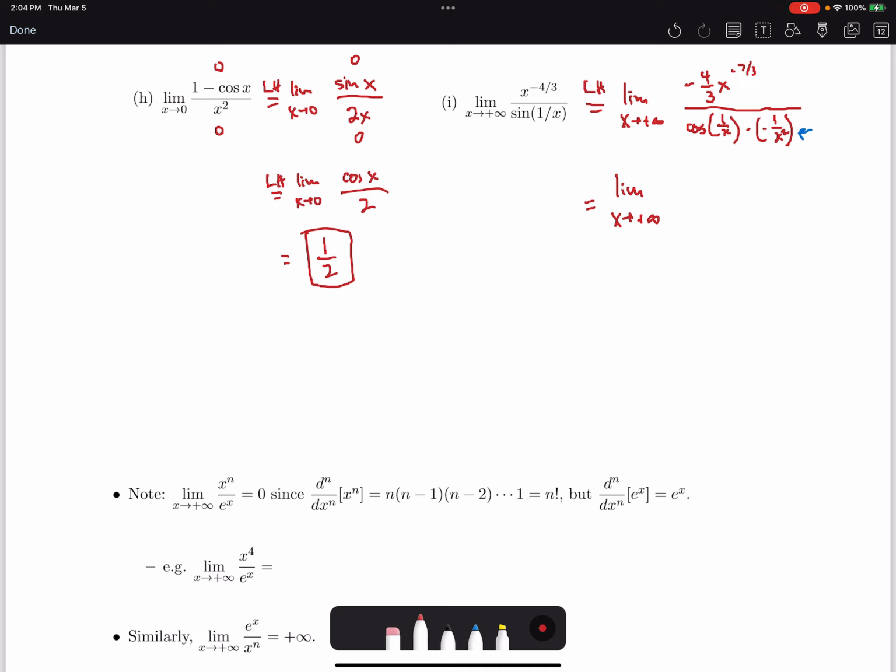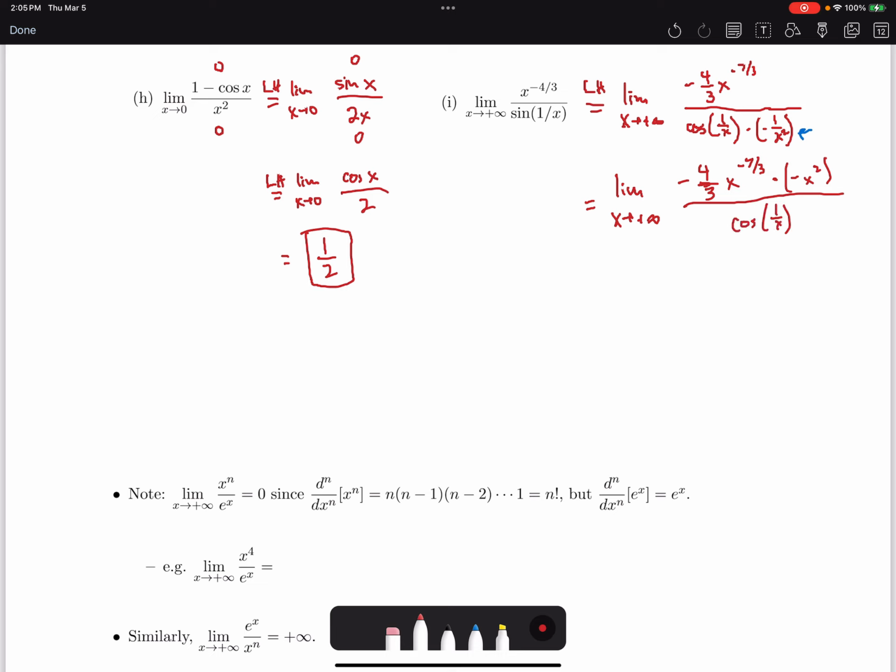This is limit as x approaches positive infinity of negative 4/3 x to the negative 7/3 times negative x squared over cosine of 1 over x.